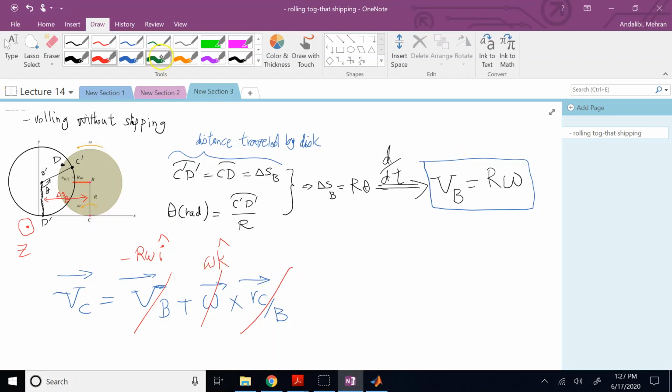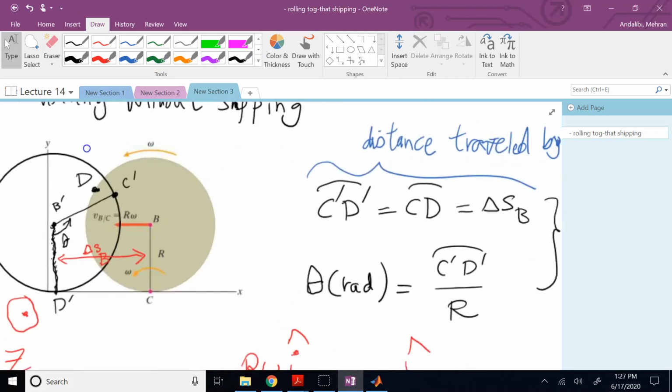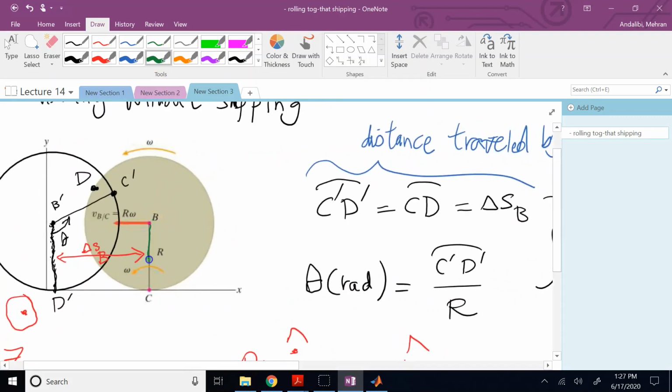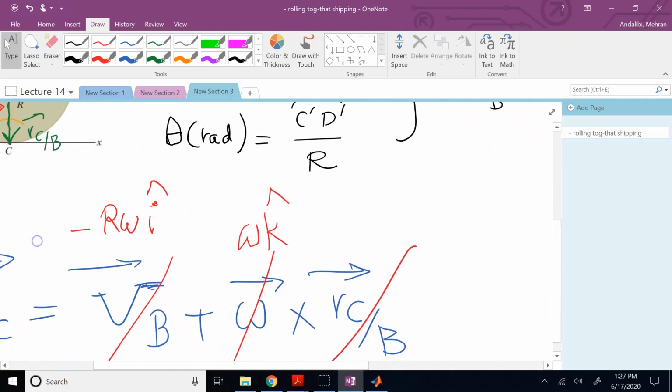Remember, c with respect to b means it connects b to c. So it's this vector. It is r units in magnitude, and it is downward, so it's negative j. So I can write it as negative r times j, if you don't mind.